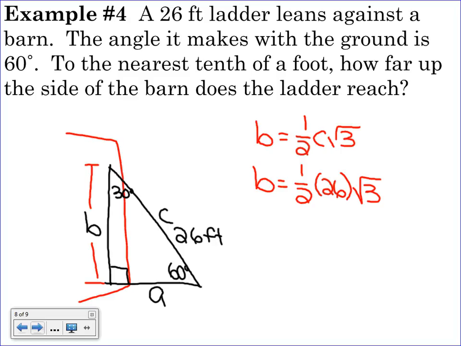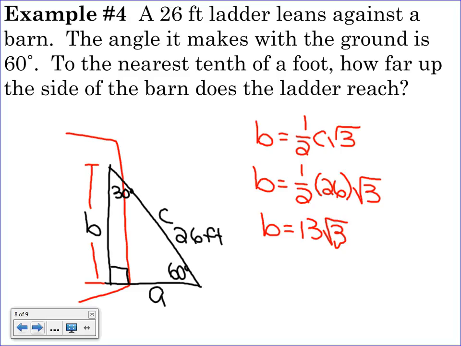You just need to make sure if you do that, you put parentheses around 1/2, because otherwise the calculator will recognize it as you're putting everything in the denominator. We could simplify this before we plug it into our calculator. 1/2 of 26 is 13. So now we have 13 times the square root of 3. That looks much more manageable.